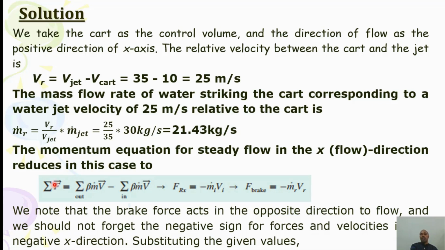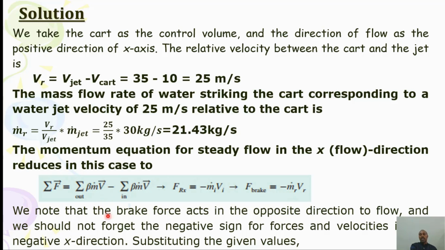It reduces to this equation. Net force is equal to the change in momentum, out minus in. So the change in velocity, which is this one, you can subtract. Now the net force, the resultant force in the x direction, is negative mass flow rate times the inlet velocity V_i. So the force in the brake is the negative of this one. Since if you apply a brake on the cart, it will be in the opposite direction to the relative motion.